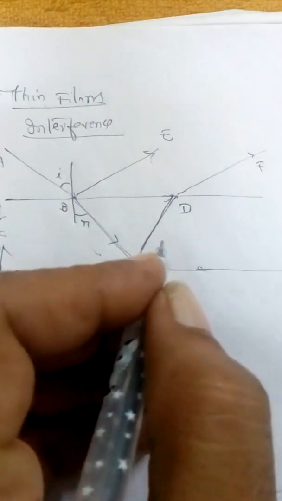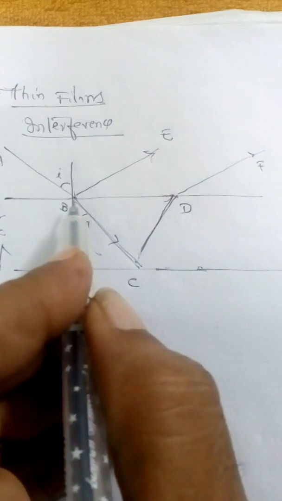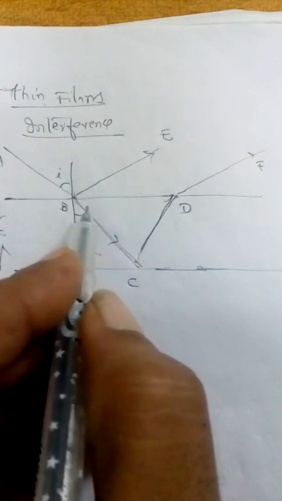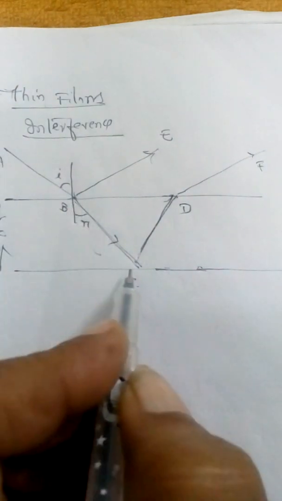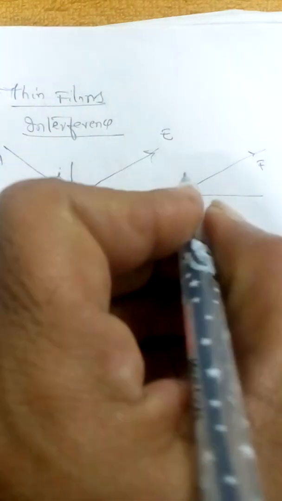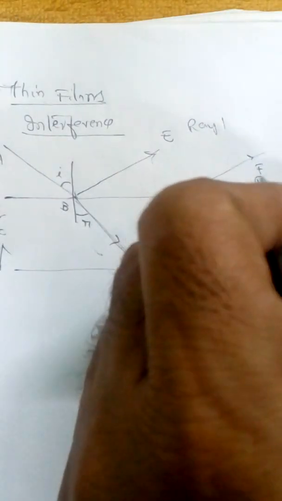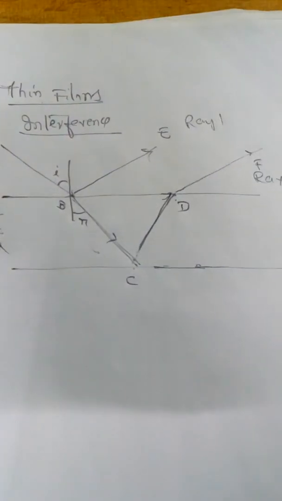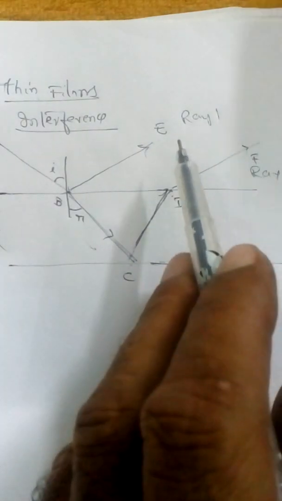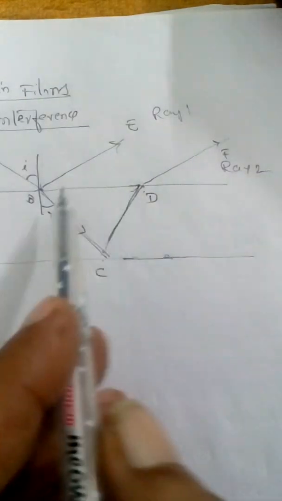By the time the ray gets reflected from B and comes out as BE, the transmitted ray travels from B to C and then C to D. So there is a path difference. Let us call this ray 1 and this ray 2. So there is a path difference between ray 1 and ray 2.